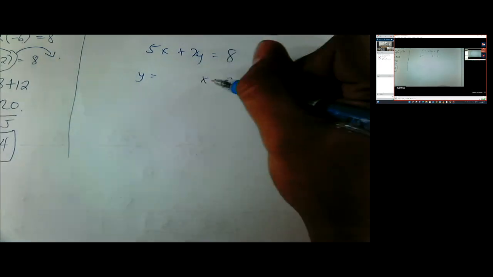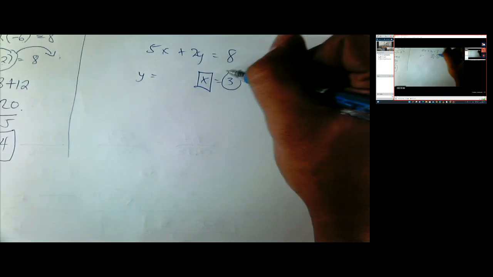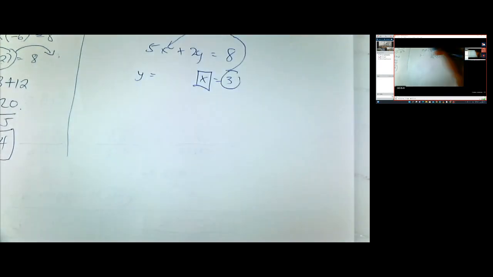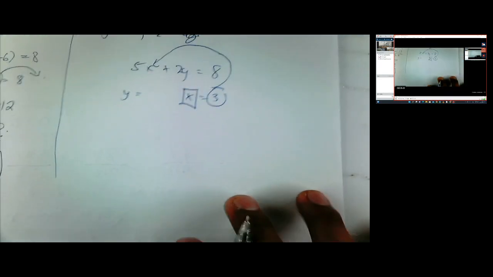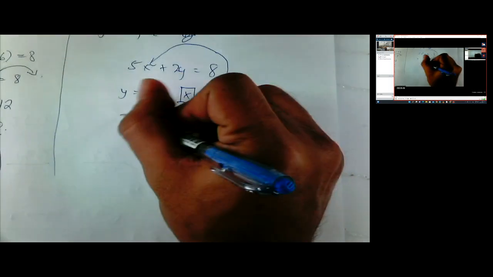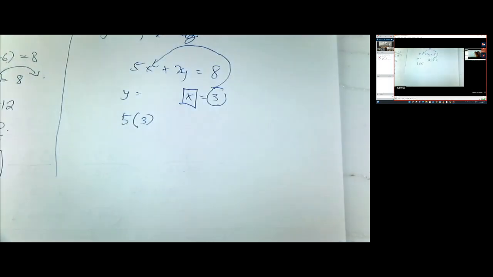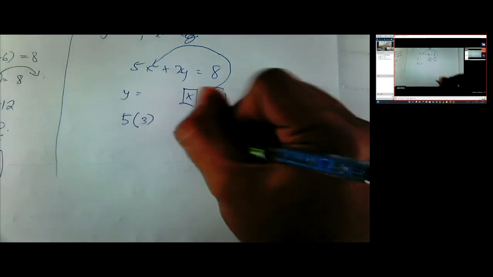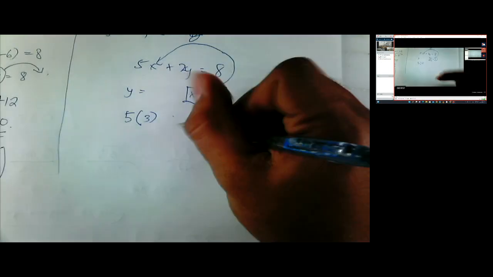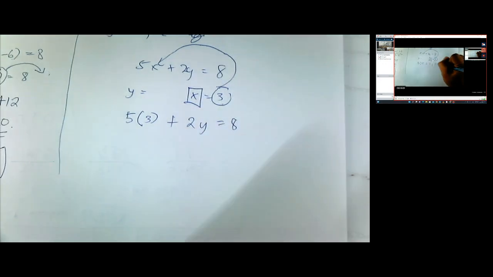Okay, so now, since the given here is x and the value of our x is 3, we're going to substitute it there to our x. Since the given value is x, we're going to have 5 times the value of your x, which is 3, plus 2 times your y is equal to 8.